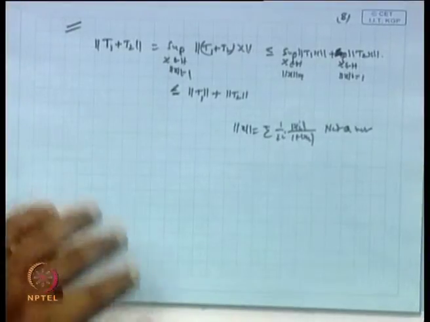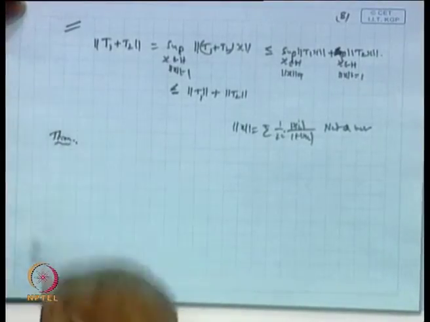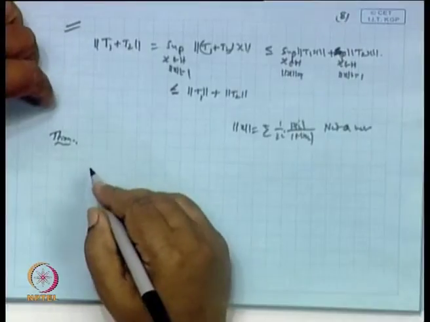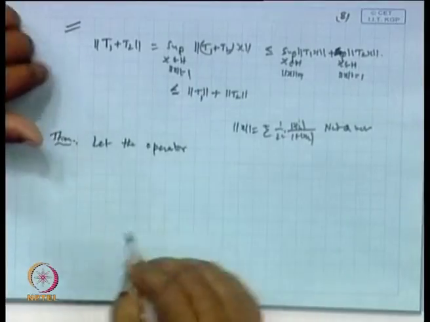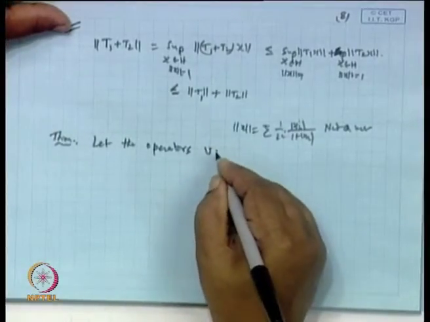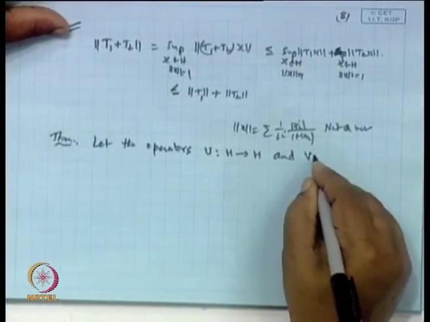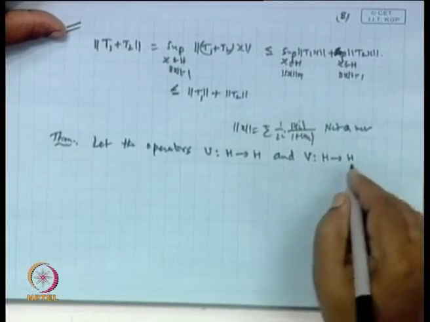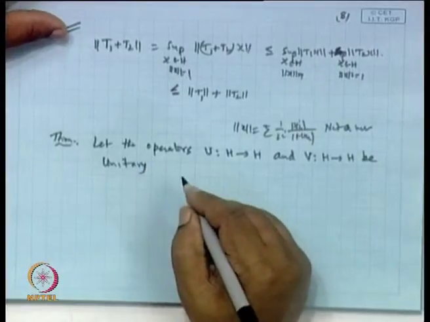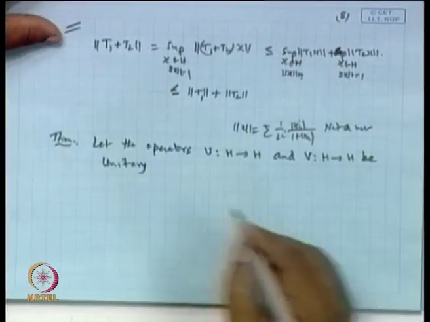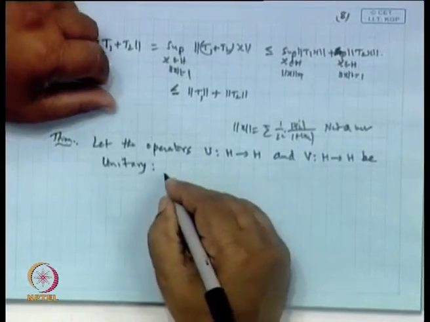Okay, that's fine. Now this is another result, which is also on the unitary operator. Let the operators U from H to H and V from H to H be unitary operators. Unitary means they are one-one onto and U star is equal to U inverse. Here H is a Hilbert space.